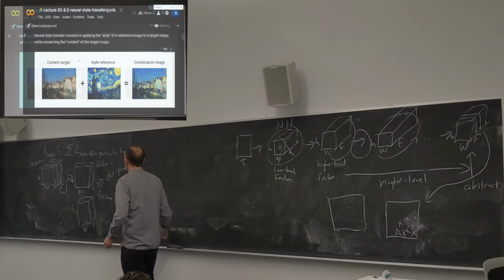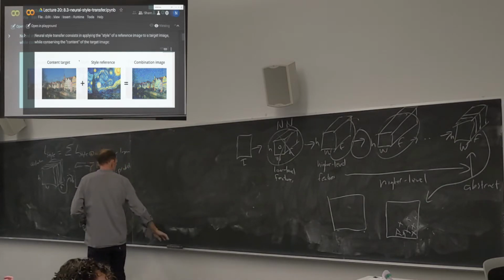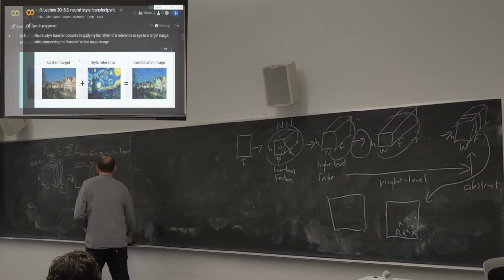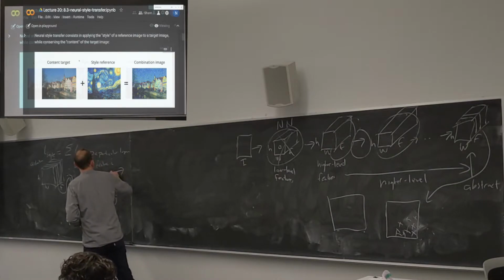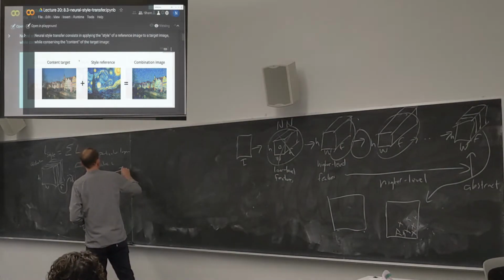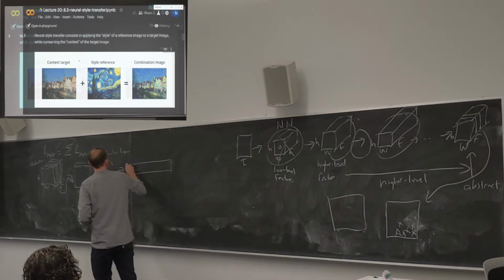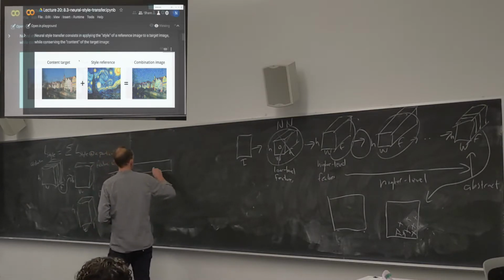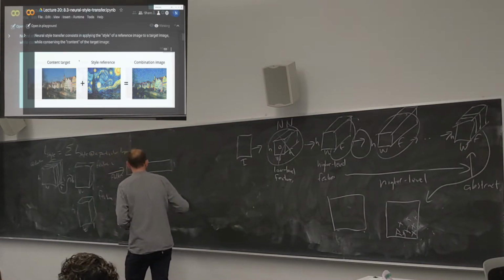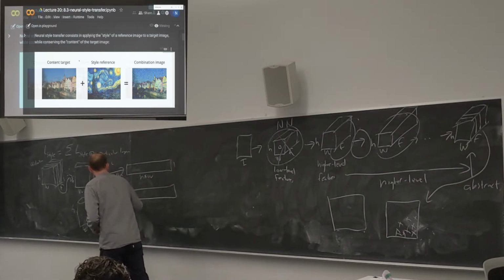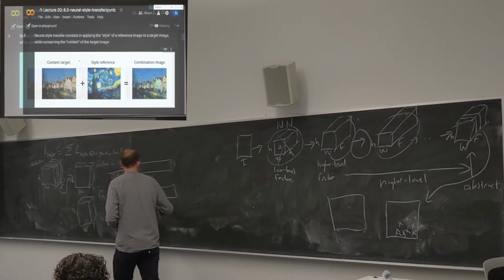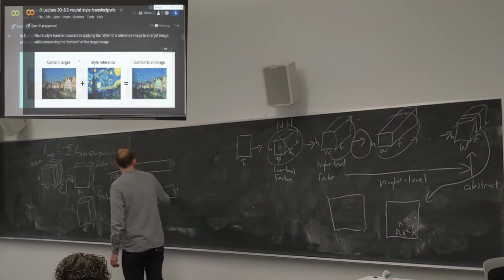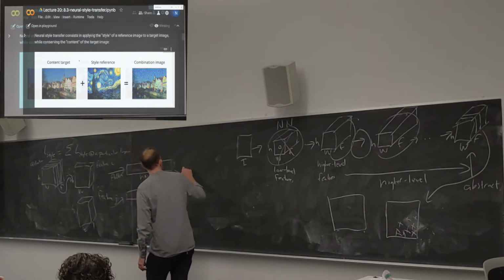And we're going to do this. So I'm going to write this as, let's say, flatten this into h times w by 1, and flatten this one into h times w by 1. And then here, we're going to do the dot product.